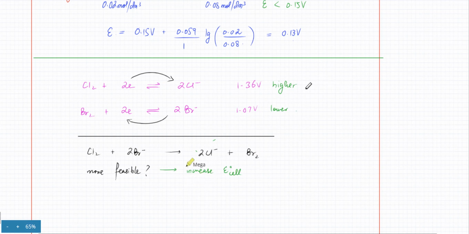Make higher potential higher. I mean, your electrons are going to flow more quickly if the potential difference is greater. Make higher potential higher and the lower potential lower.